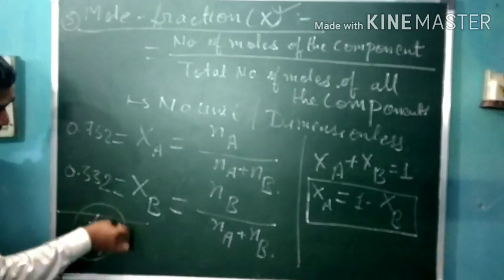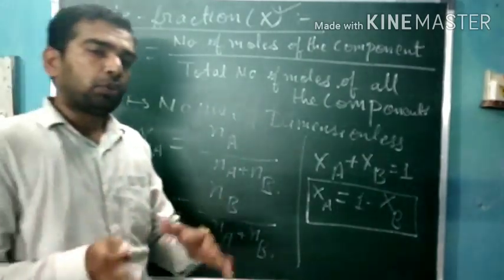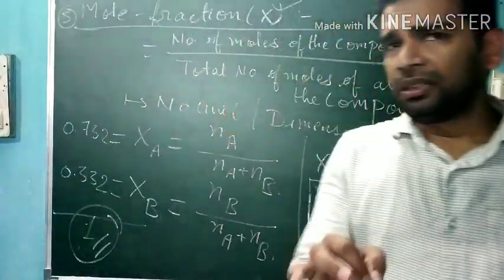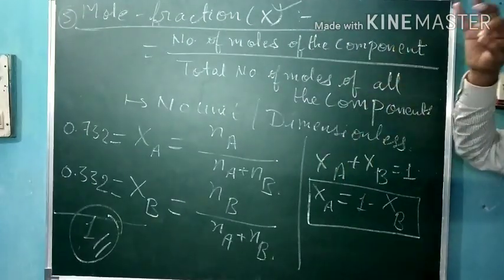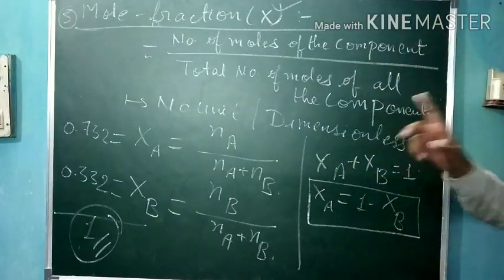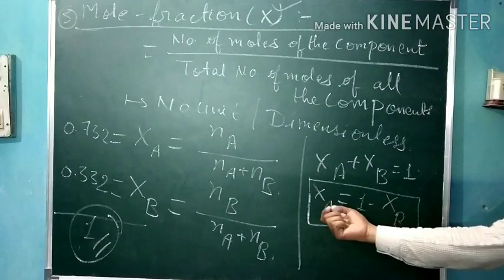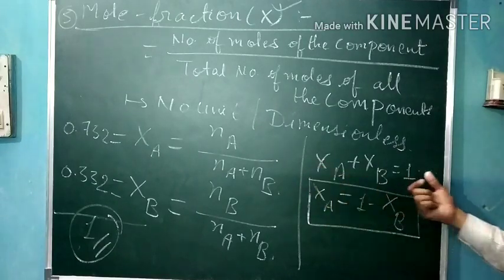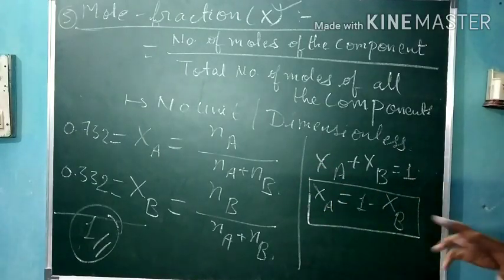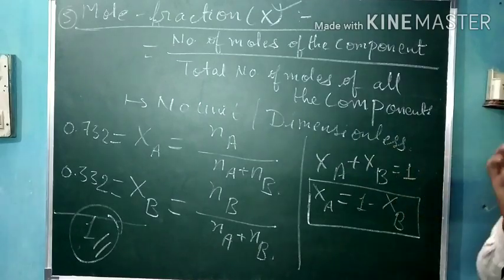If it is not coming to 1, that means you are solving the question wrong. It is one of the main things. The total value of the mole fraction should always be equal to 1. This is the main point to remember, that is the sum Xa plus Xb is equal to 1. And this formula is used everywhere.